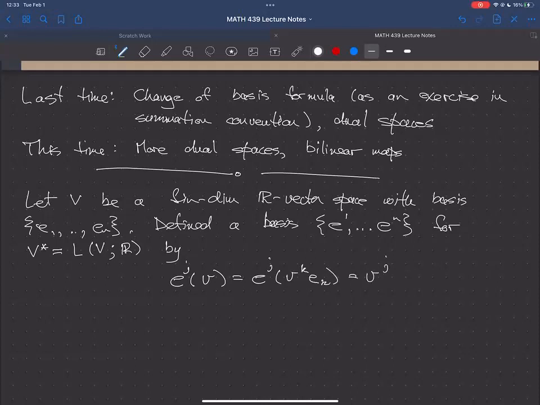The dual vector E^j serves the role of grabbing out the jth component of the vector in the basis E. So it's a known kind of thing, and this is called, of course, the dual basis.